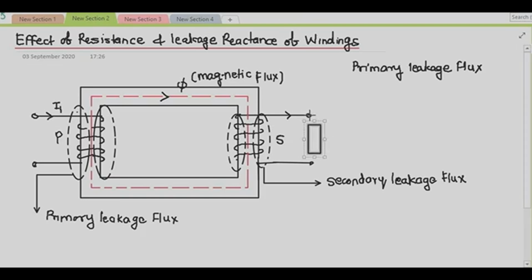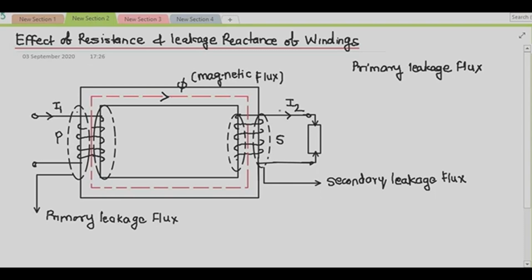Then what will happen? Current starts flowing through the secondary winding. That current is nothing but your I2, right? So the secondary winding also produces the opposing flux due to the induced current flowing through it when it is connected across the load.